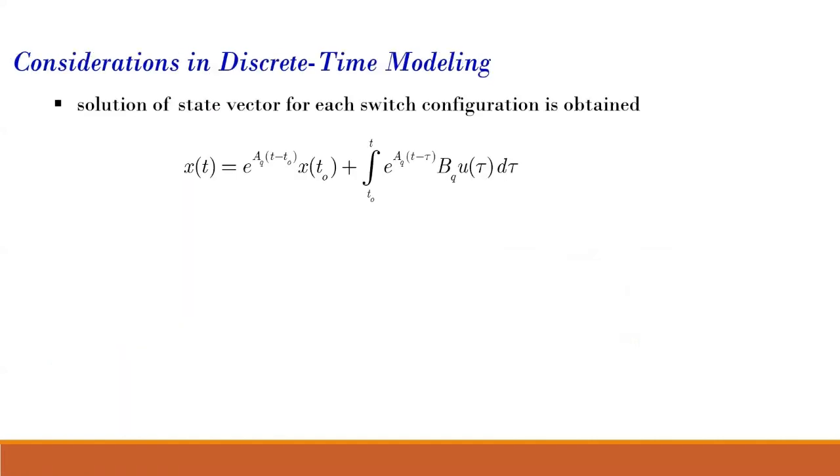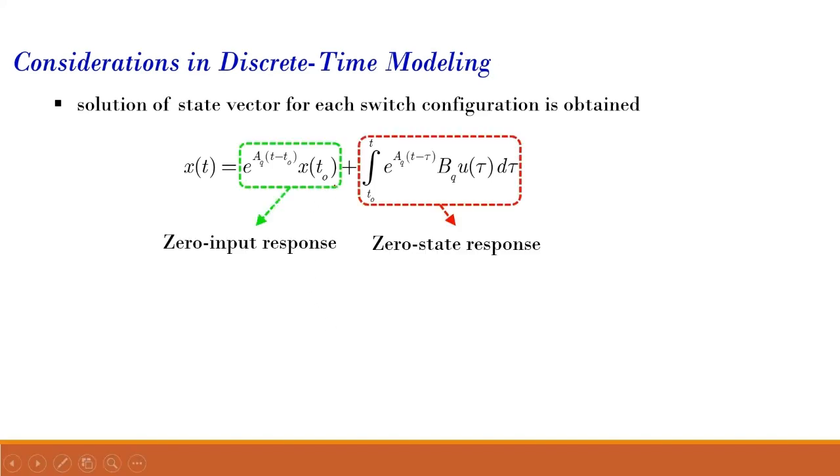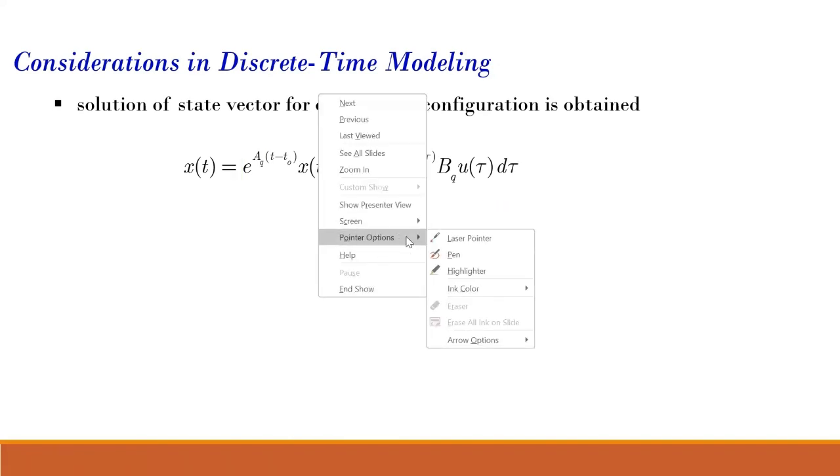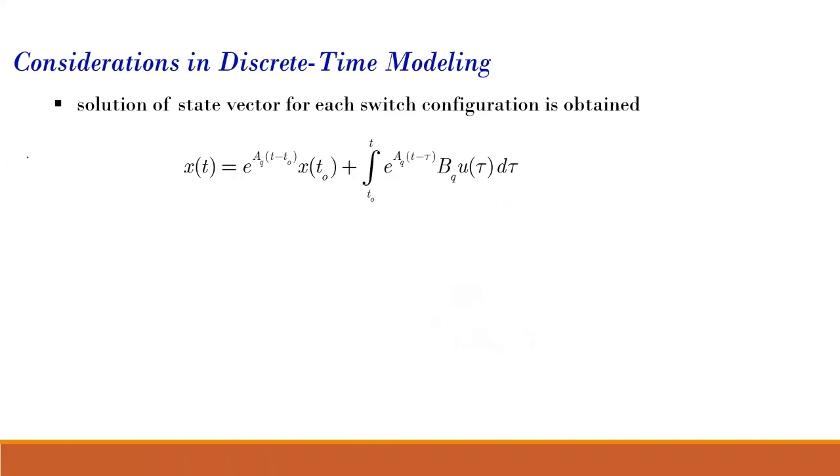So now when we find the solution of that state space vector, it will come out in this form. X of t is equal to e raised to AQ (t minus t0) into x of t0, where t0 is my initial time instant and x of t0 is the value at this initial time.